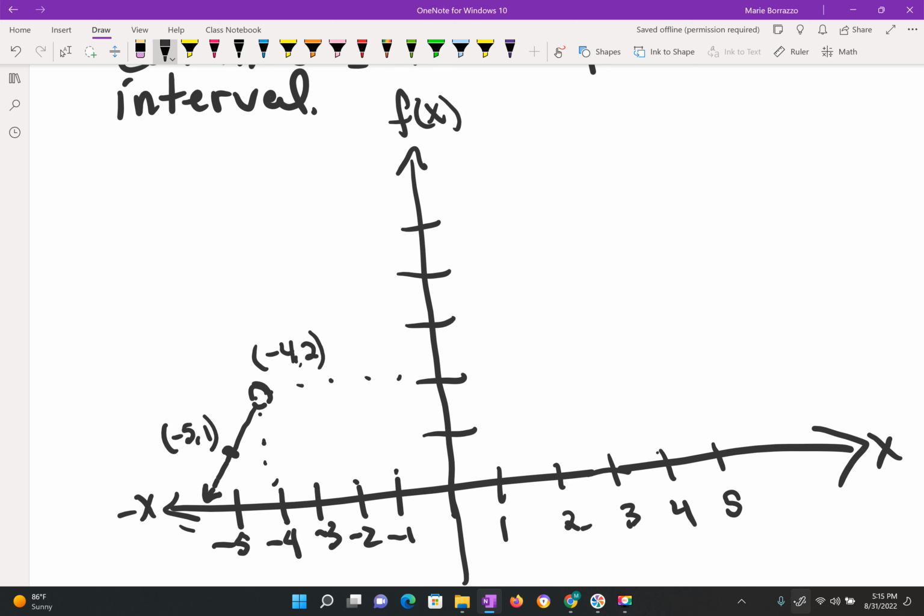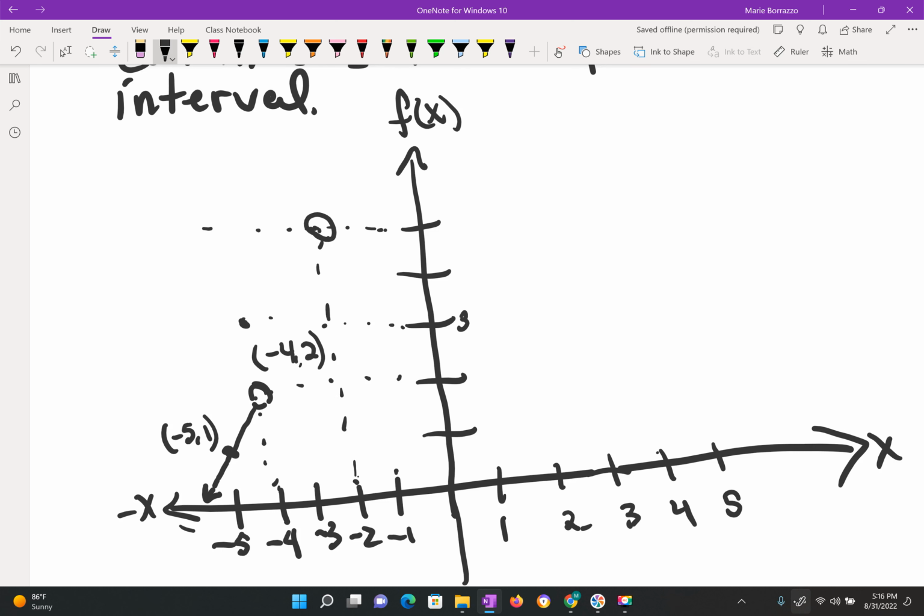We're going to skip up a jump, and we're going to have a solid point at -4, 3. So this is 3, it's -4, so up here, you'll have a solid point, and then we go back up here to 5, and then we want -2, 5, which is about here.